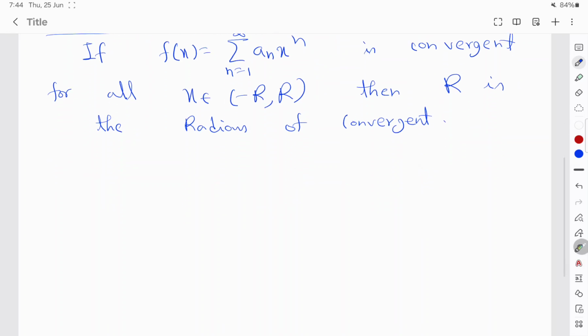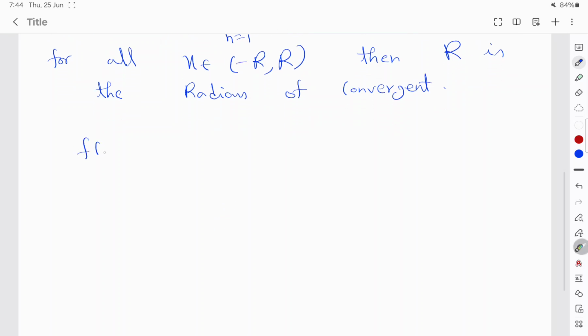There are some formulas for how to find the radius of convergence. Before that, let's take some examples. For example, if we consider f of x equal to a simple sequence, suppose you are taking a_n as 2 to the power n, and this is multiplied by x to the power n, right? So a_n is 2 to the power n.